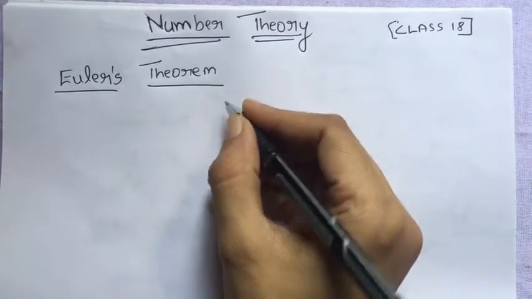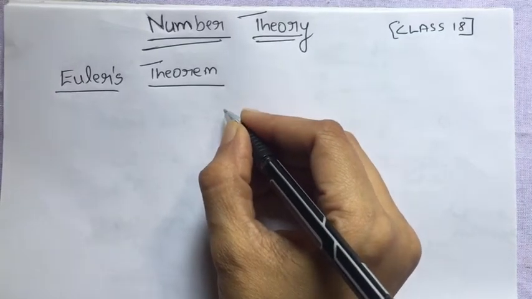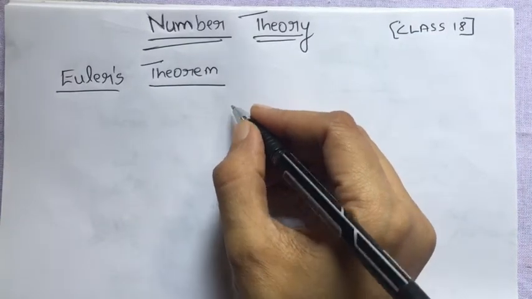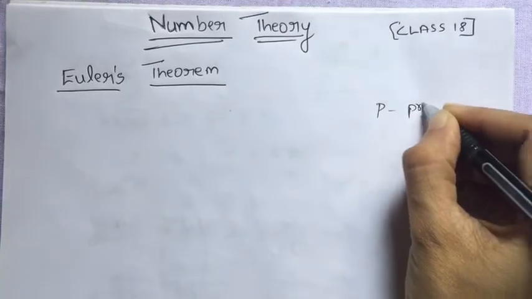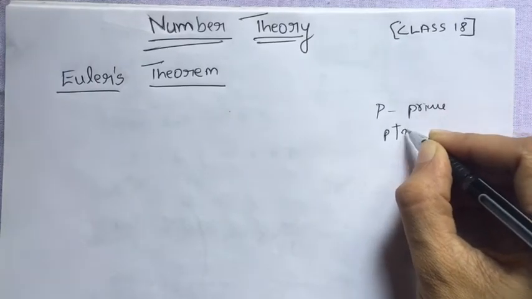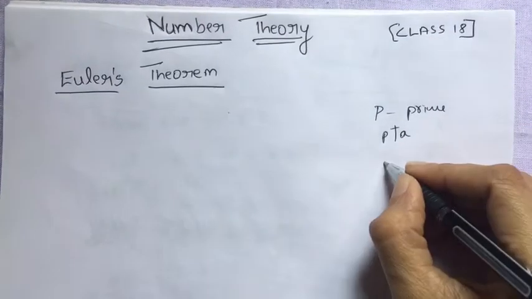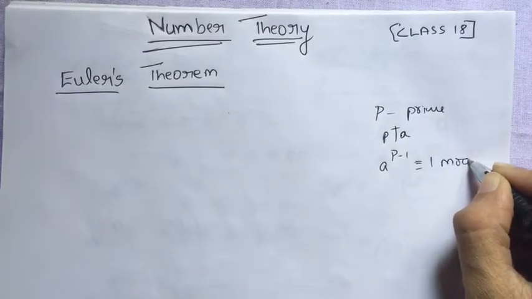I hope you remember what Fermat's little theorem says. It says if p is any prime number and p does not divide integer a, then a to the power p minus 1 is congruent to 1 mod p.